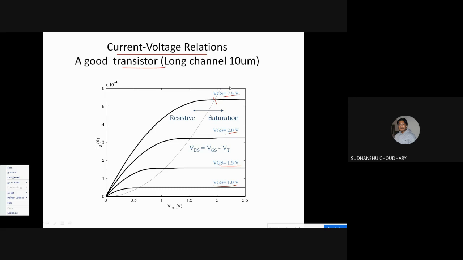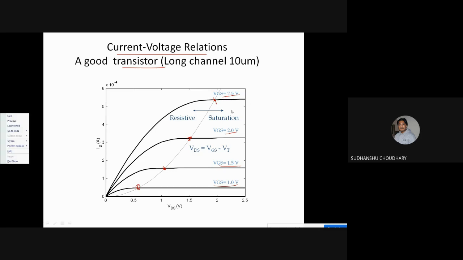When you are applying VDS, the current will increase up to a certain point, before saturation.